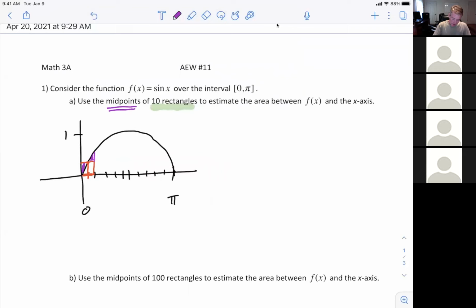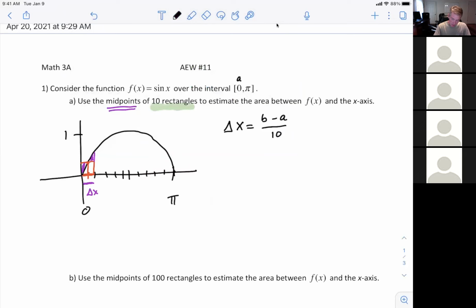So then the area of that rectangle, well, the first thing is I need to find out what's the width down here. And that is called delta x. In other words, how much does x change by as you go across the x-axis? Well, delta x, you just subtract the two endpoints and you divide by however many rectangles.